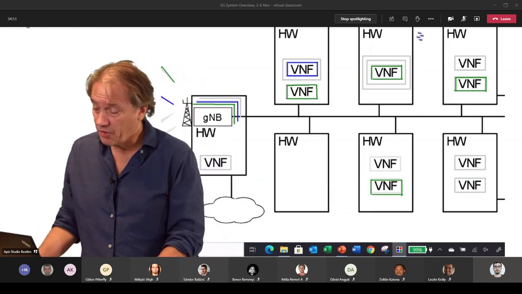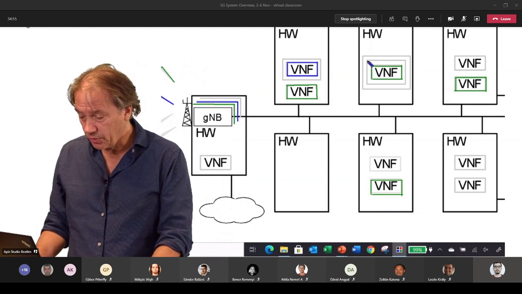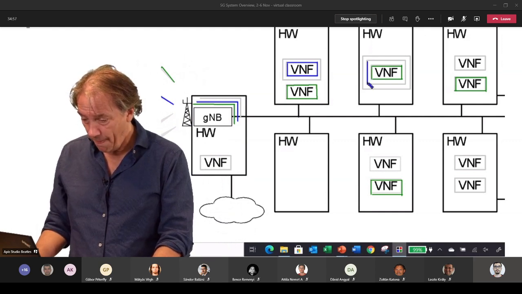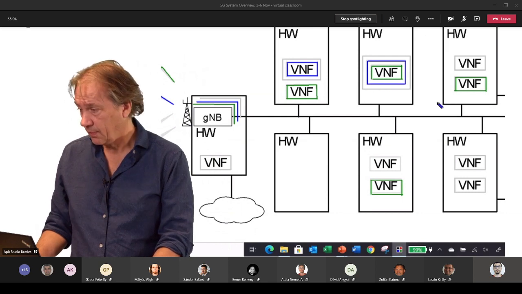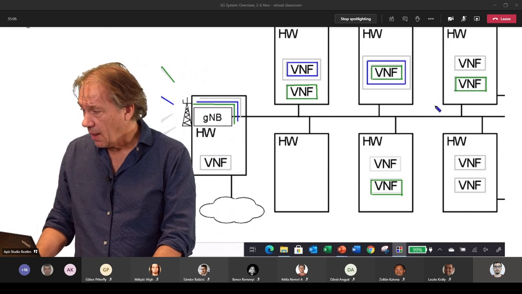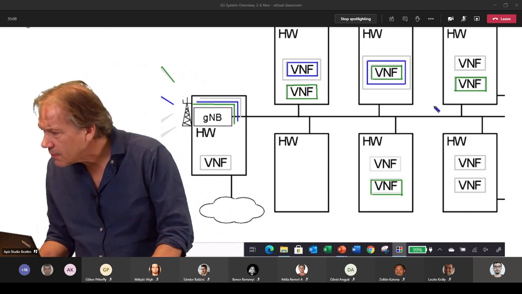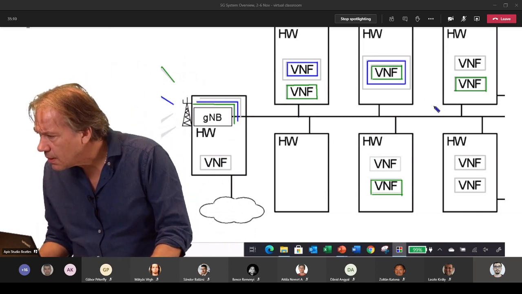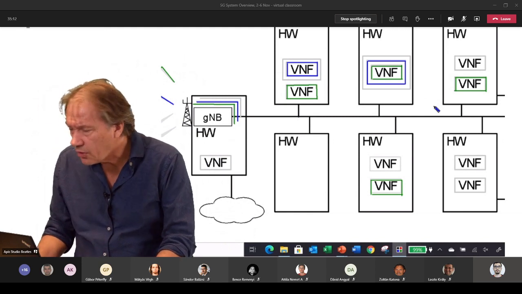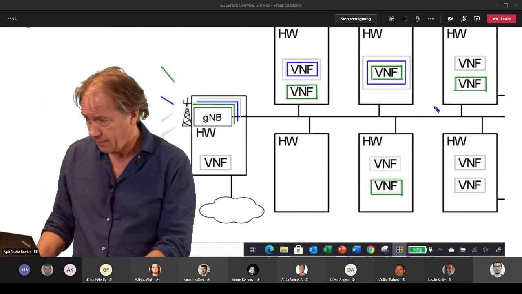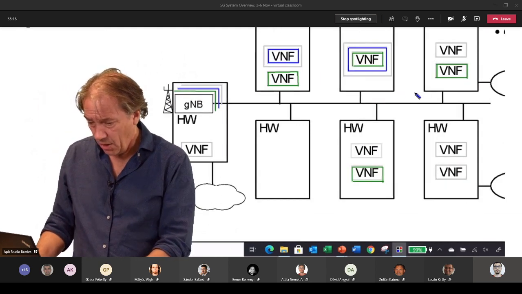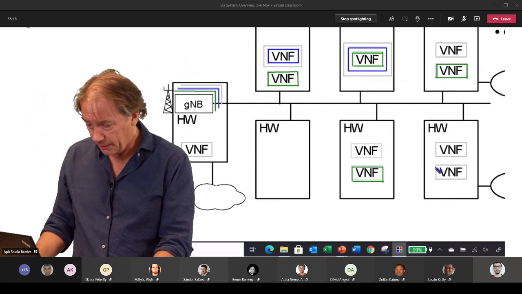So it's perfectly okay for a VNF to belong to multiple slices. Also, this one is blue.